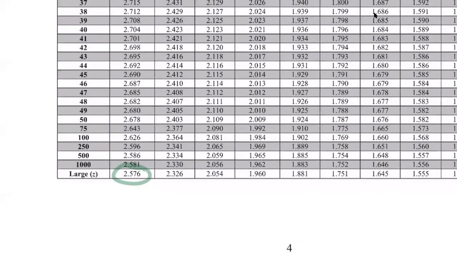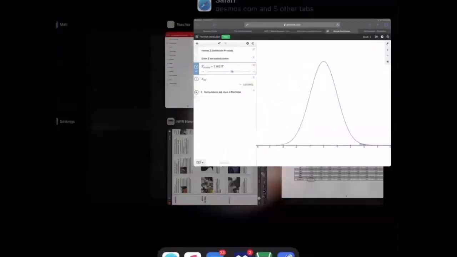That's where the z-scores are in that table. 2.576, fine.